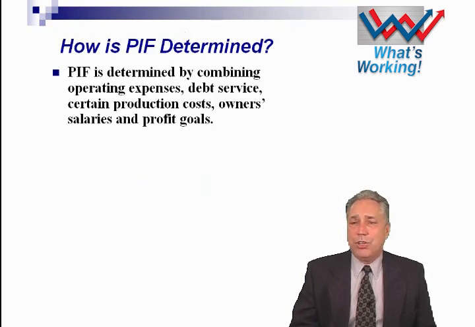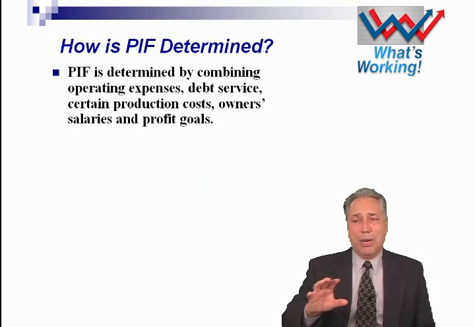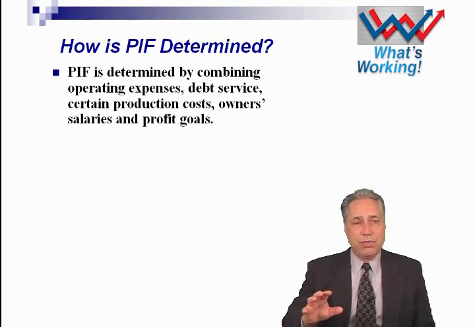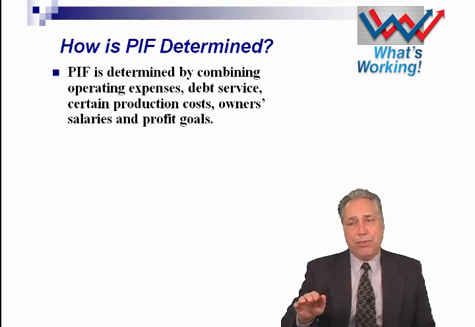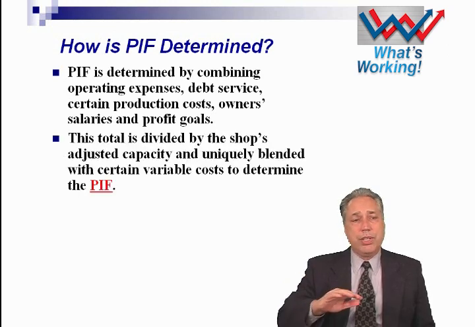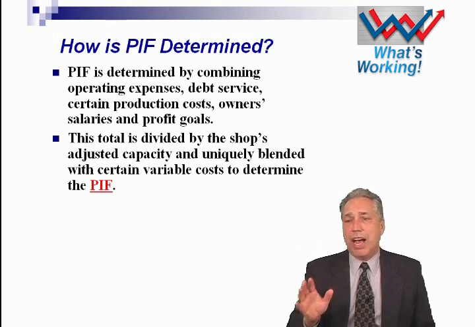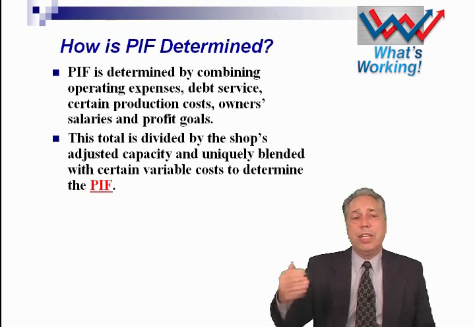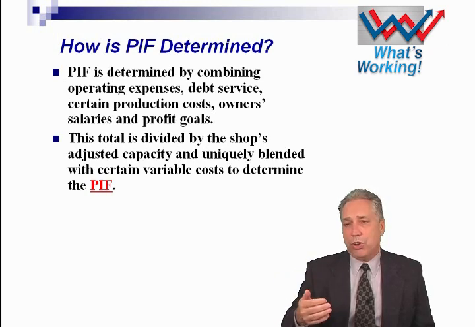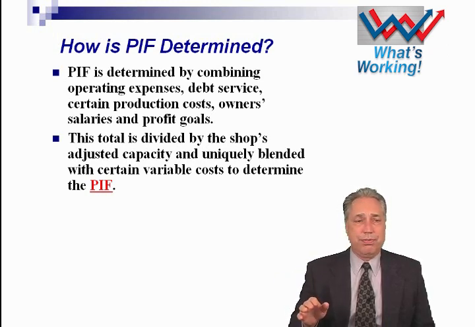Now, PIF is determined by combining your operating expenses, your debt service, and certain production costs together with your owner's salary and your profit goal. And then we take that total number and we divide it by the shop's adjusted capacity. And then that's uniquely blended with some other variable costs to determine the PIF.